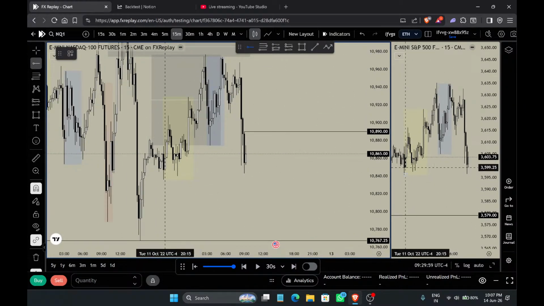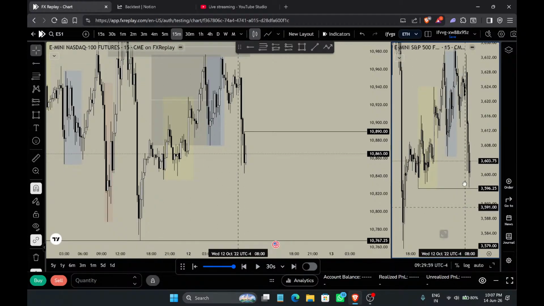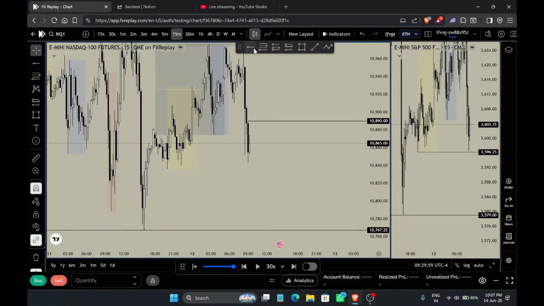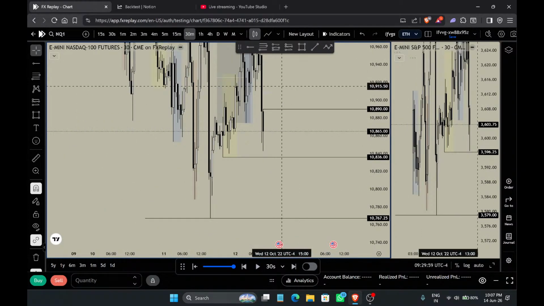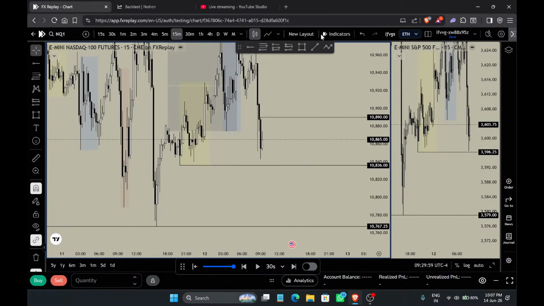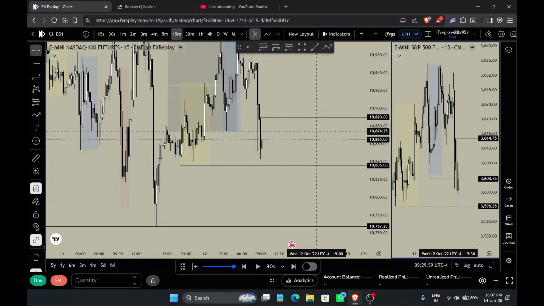Equal lows are still there, making relatively equal lows on ES. 30-minute level opens, so we can migrate into this and just move down. There was a 15-minute level.